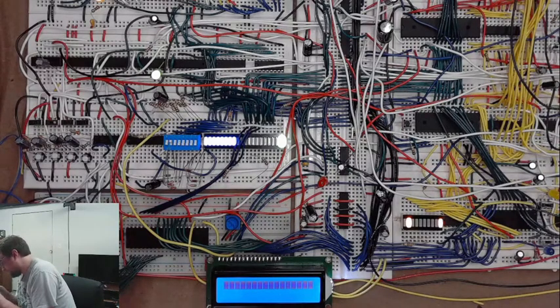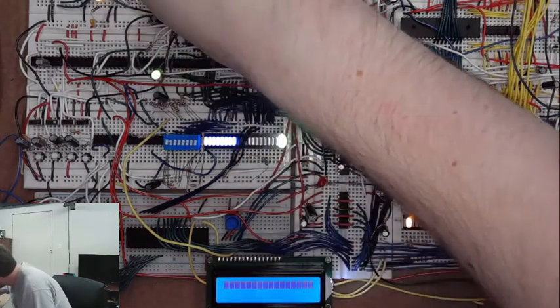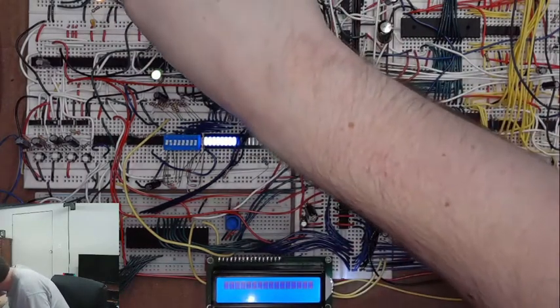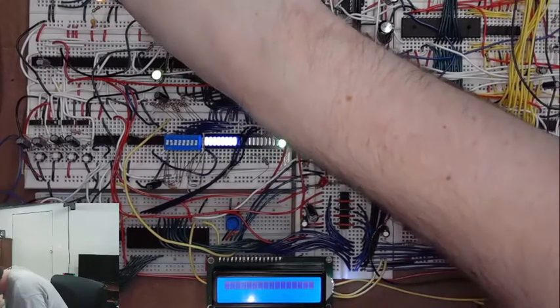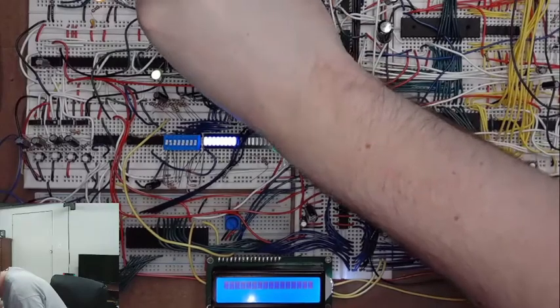Basically, these chips, because they're the selection chips and because there's so many things that have latch enables that need to run properly, I'm gonna go ahead and do it.